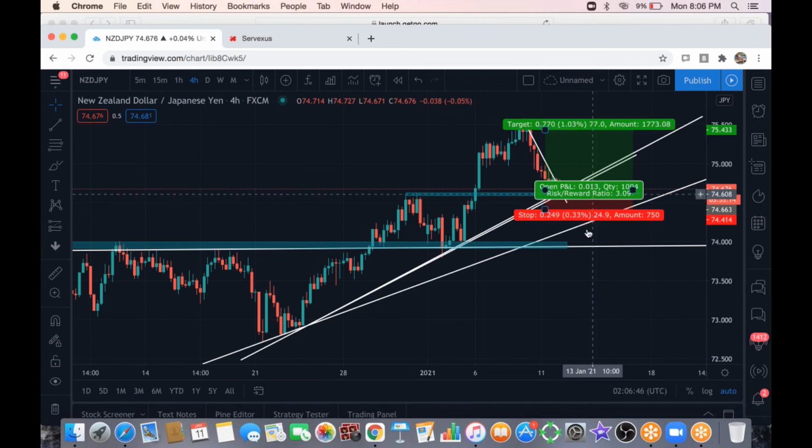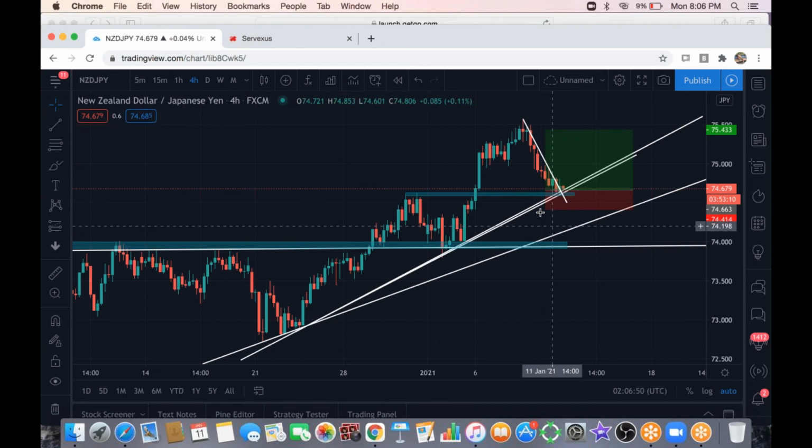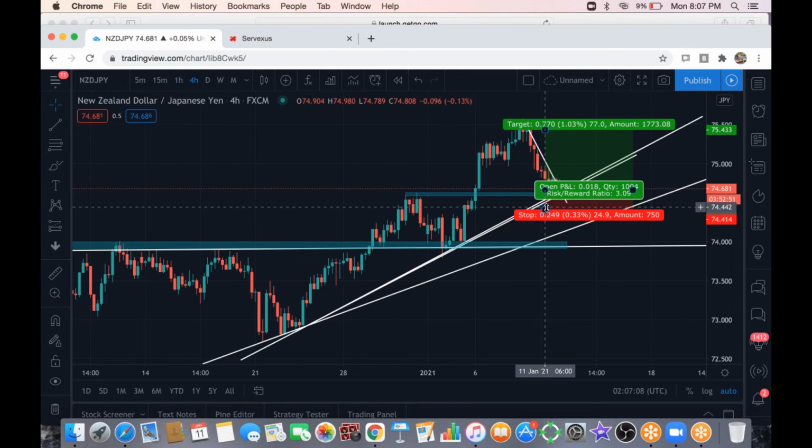Even if you were to buy right around where price is at right now, this would be an okay trade. It would be a 3 to 1. That would be fine. If you look at the market and you see price, and it's showing you that you can do that, whatever stop loss you can do, don't focus so much on the distance of pips. First look at it with your eyes.